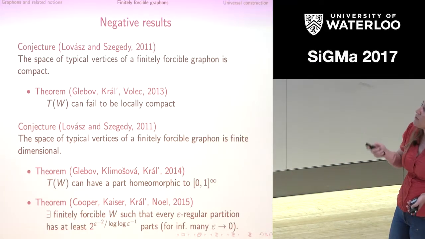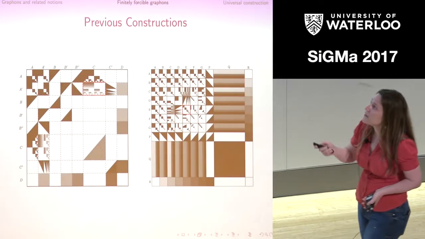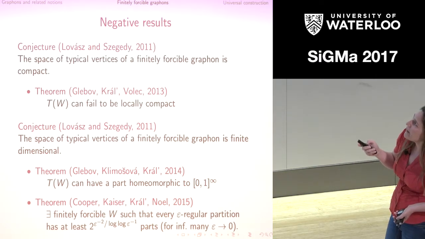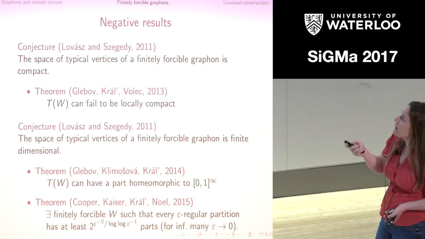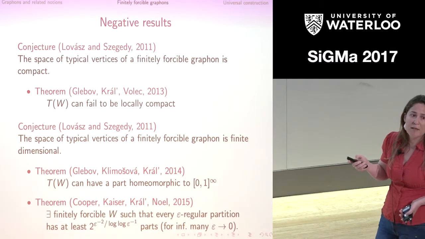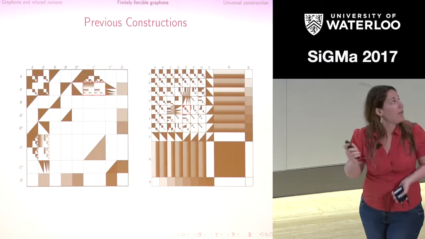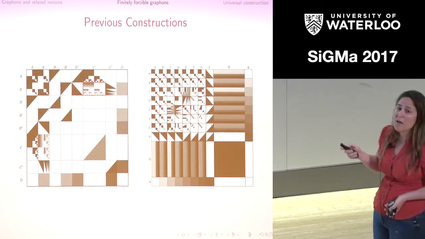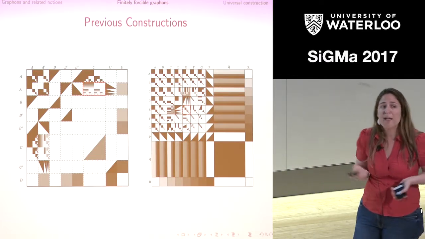What these two results have in common: this graphon is the counterexample for the space being compact, and this one is the example that needs a lot of parts in the weak epsilon-regular partition. What they have in common is that the important part, what makes the conjecture false, is only these red parts, these tiny parts. All the rest is basically to give a structure for you to create these parts and also to make it finitely forcible.